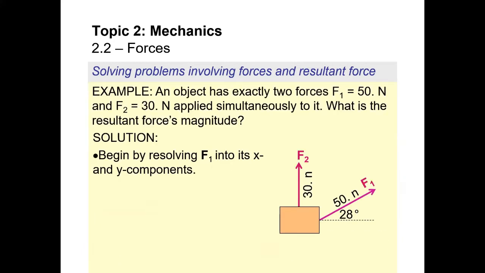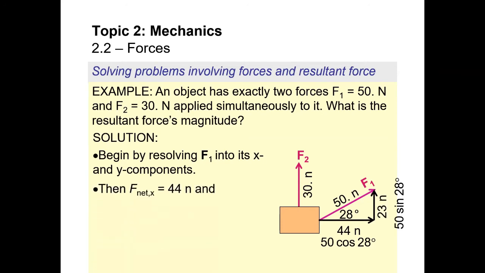Example: an object has exactly two forces, F1 of 50 newtons and F2 of 30 newtons, applied simultaneously to it. What is the resultant force's magnitude? Begin by resolving F1 into its x and y components. The x component, that's adjacent: 50 times cosine 28 degrees is 44 newtons. Opposite is sine, so 50 times sine 28 degrees is 23 newtons.